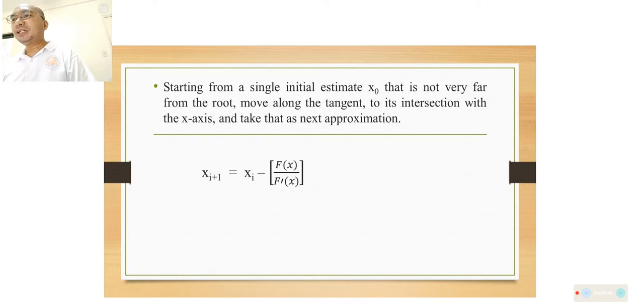Starting from a single initial estimate x0 that is not very far from the root, we move along the tangent to its intersection with the x-axis and take that as the next approximation. So our next value of x will be the initial value of x minus the function of x over the derivative of the function of x.